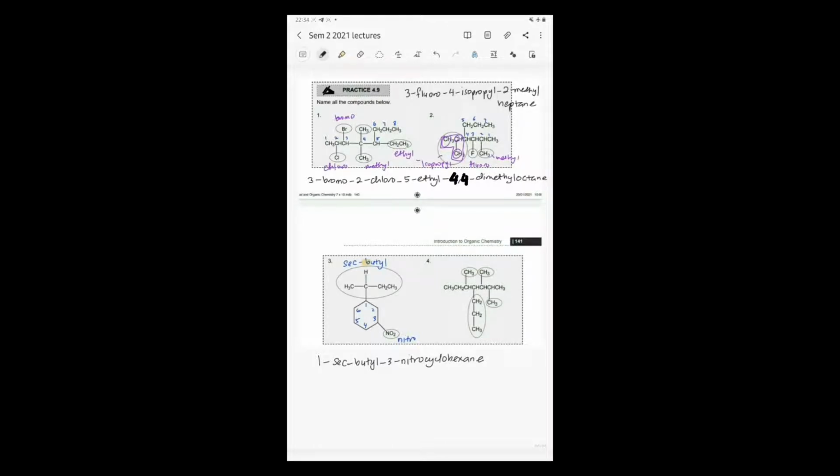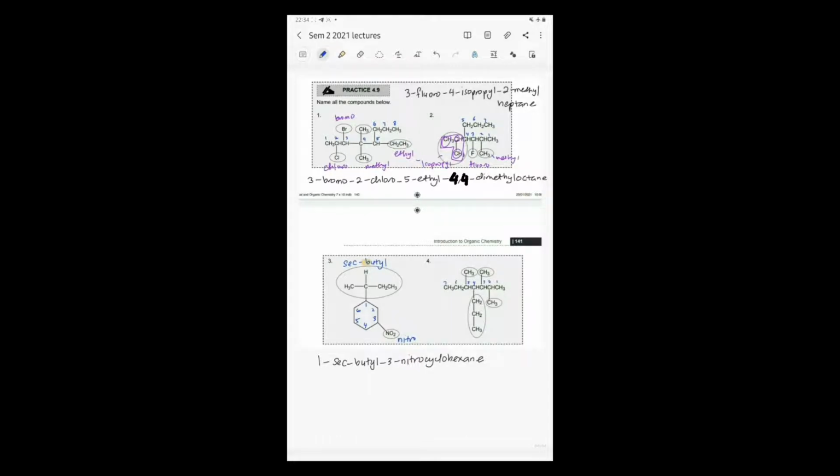Now let's go to the last one. For example, 4.9. Actually we have been given the hint here. The longest carbon chain starts from where? Left or right? We start from the right. 1, 2, 3, 4, 5, 6, 7. 7 carbons in the longest carbon chain.